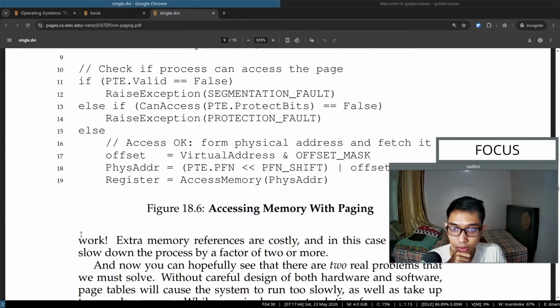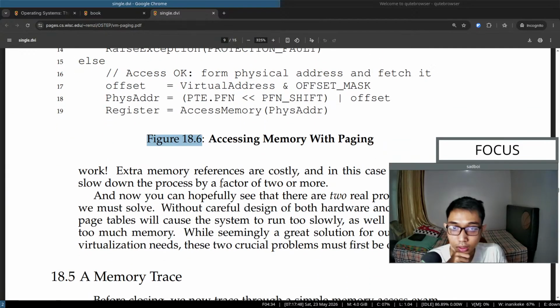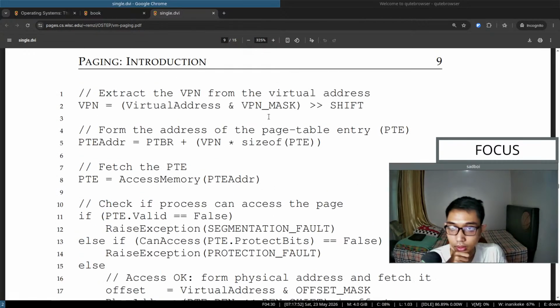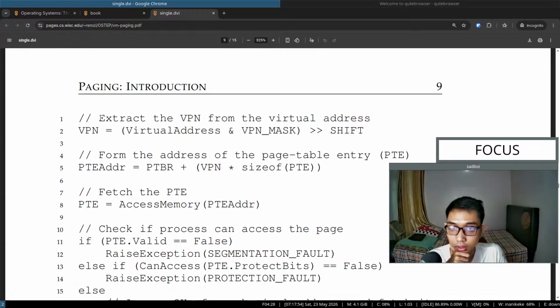Okay, let me read Figure 18.6. Accessing memory with paging. Extract the virtual page number from the virtual address. What is it called?